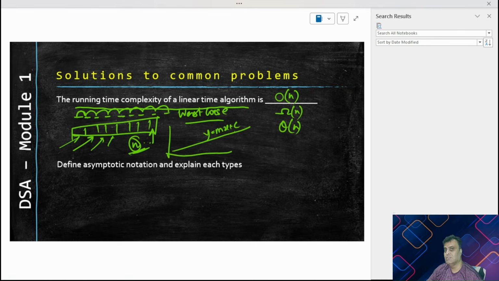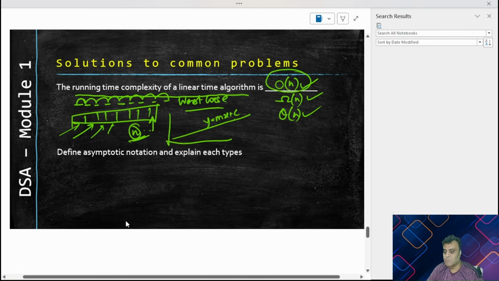If it's a linear class, your tight bound, upper bound, and lower bound will all be the same. So big O of n, omega of n, theta of n, anything you write should be true. But as I said, it is always preferred to tie the worst case with big O, and because you are supposed to find the worst case here, write it in the format of big O.